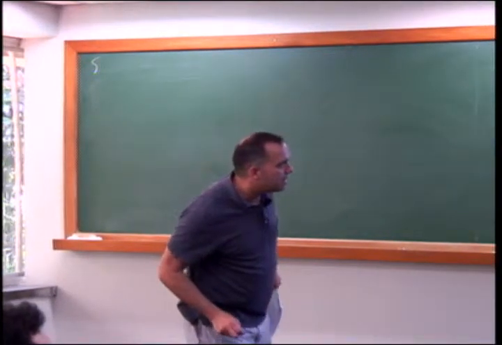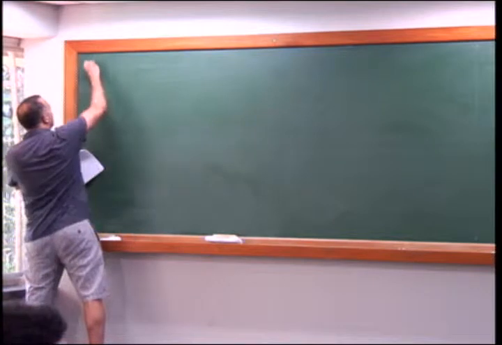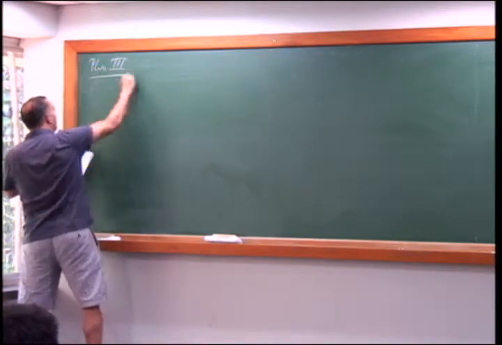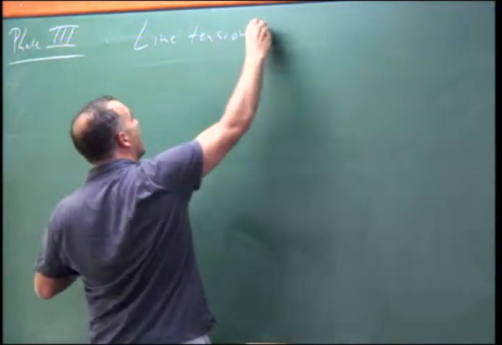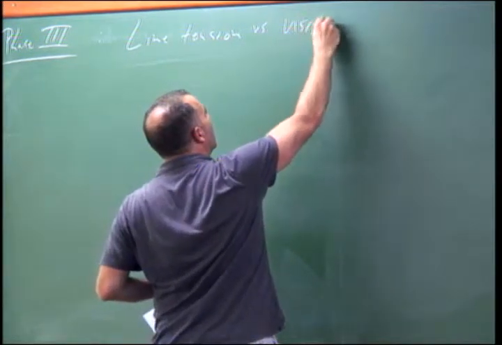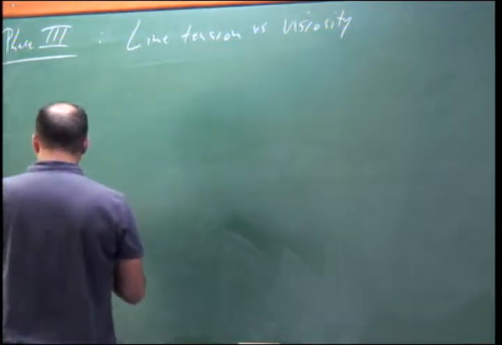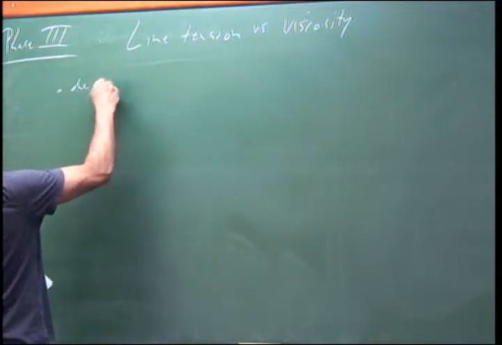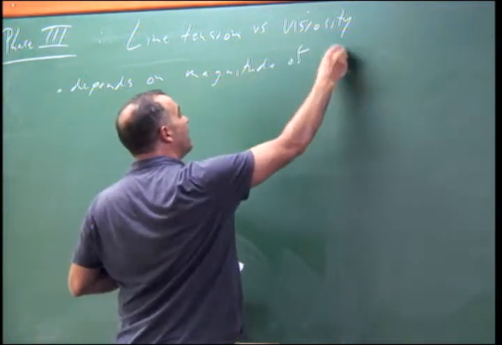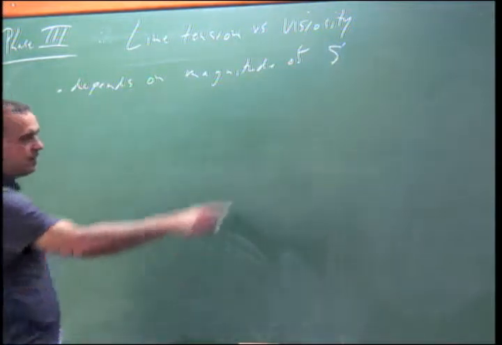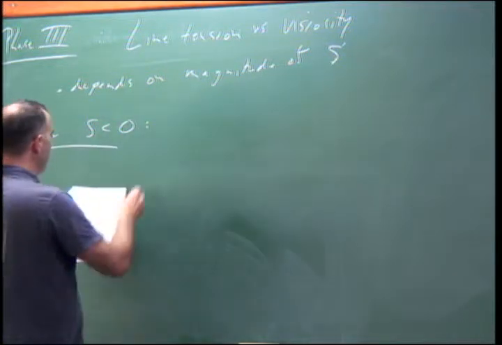Phase 3. Okay, so this depends on magnitude of S. So as we've seen here, if S is less than 0, we get an equilibrium.